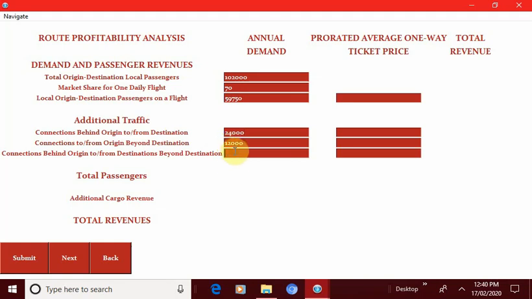The connections behind Malaysia from destinations beyond Denmark was say 4,500.